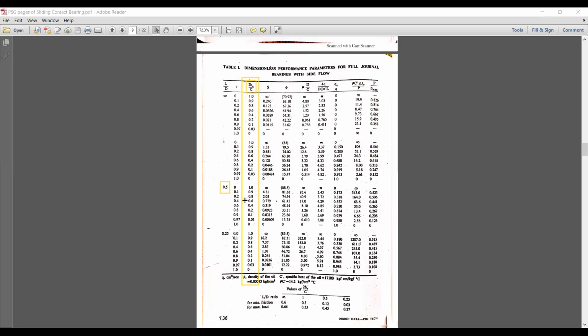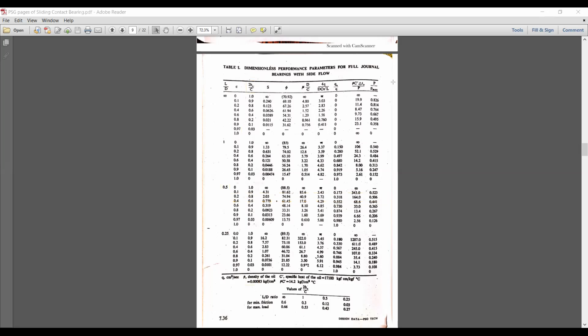Whatever value you get, for example 0.8, consider this whole row, so that you can directly find the other parameter values. If you consider 2H0 divided by C and an L by D ratio of 0.5, the Sommerfeld value is 2.03. Similarly you can find it for others.